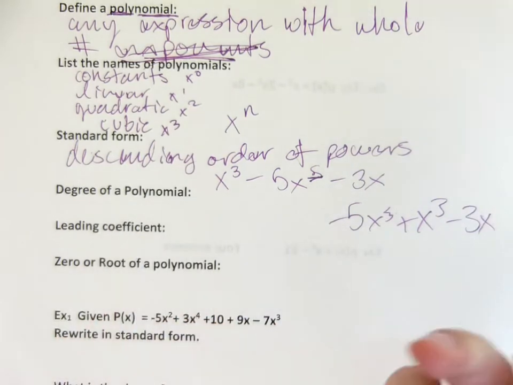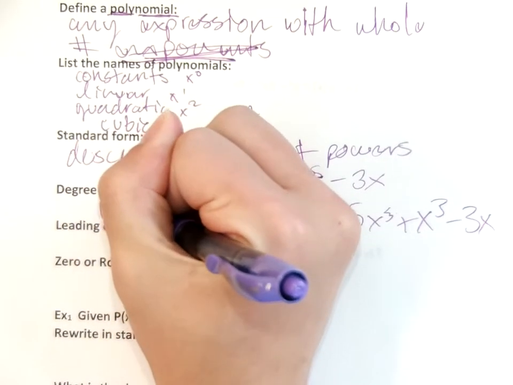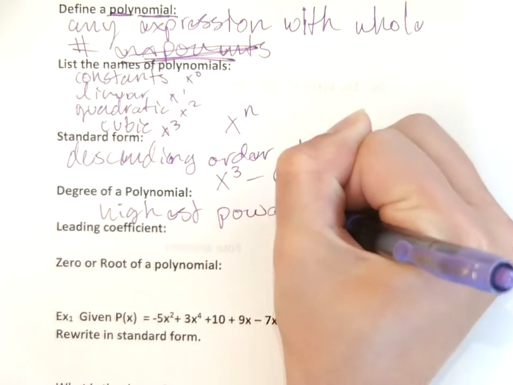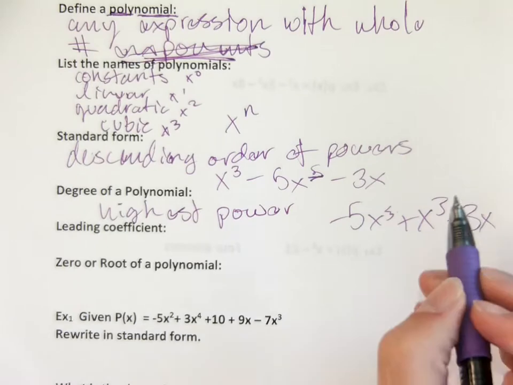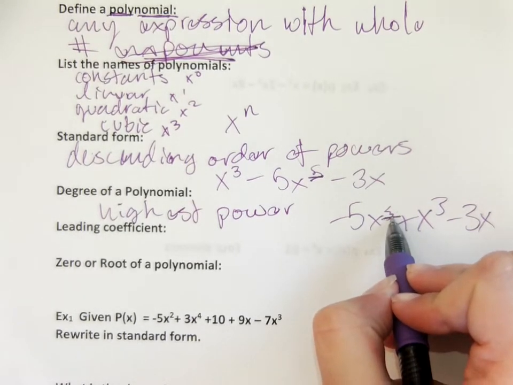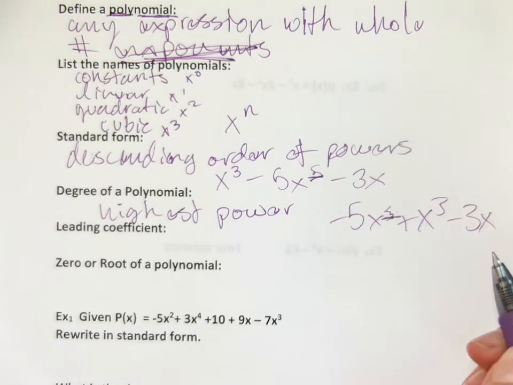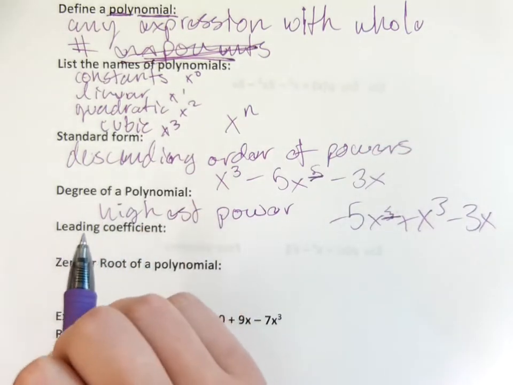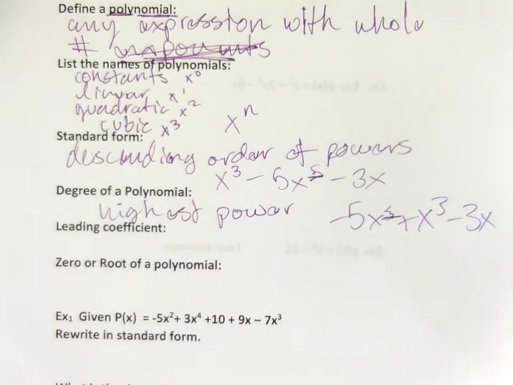The degree of a polynomial is the highest power. So this one would have a degree of 5. The degree of the polynomial also dictates the shape of the graph. We're not doing graphs today.